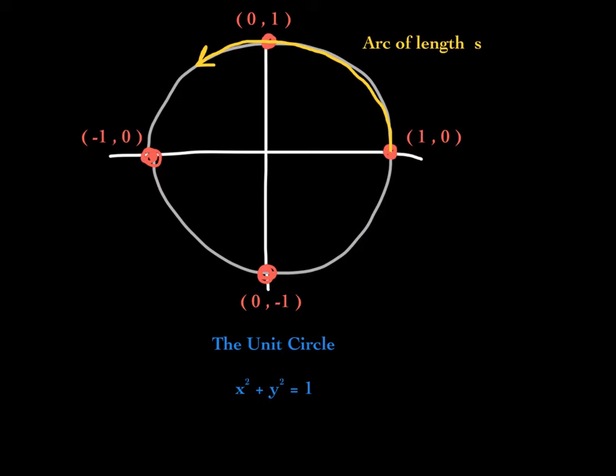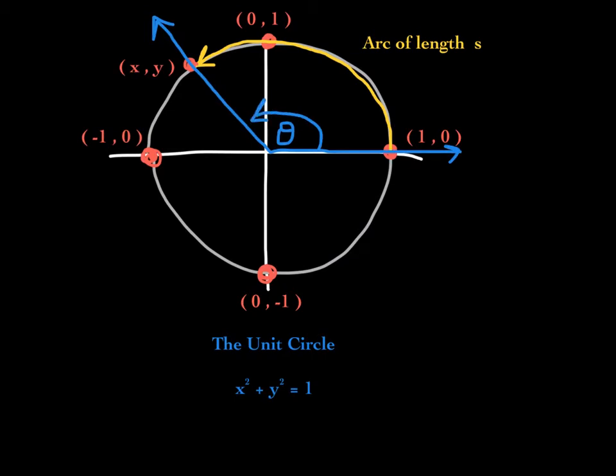I want to let the end point of this arc be the point x comma y. Let's label that. So there we have our point, and we can see that the angle that we're going to call theta that intercepts this arc is here. This is the angle, let's call it theta, that intercepts our arc of length s.